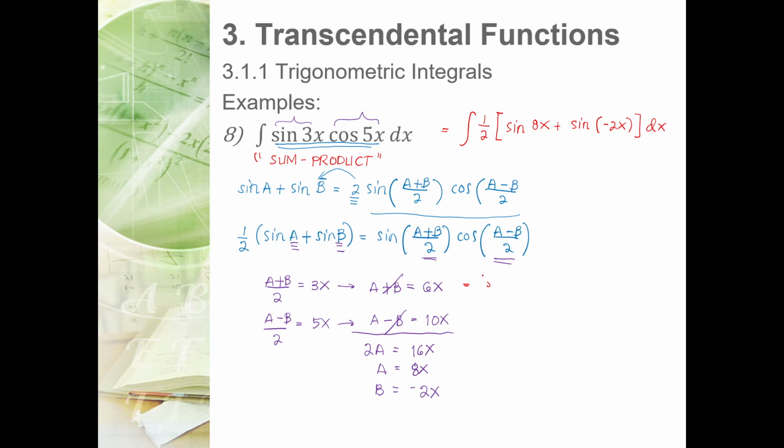So we can take 1/2 outside the integral symbol. That will be the integral of sine 8x, and again, using the negative angle identity, taking the negative outside, that's negative sine 2x dx.